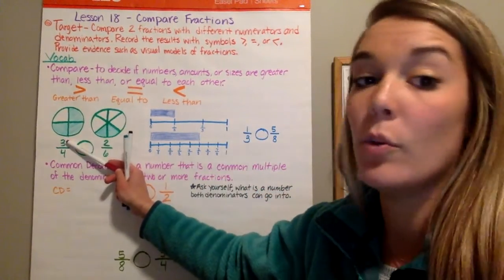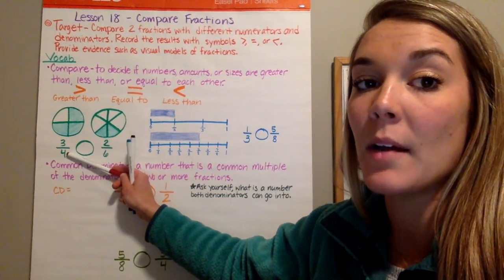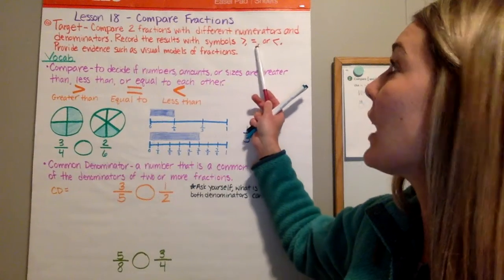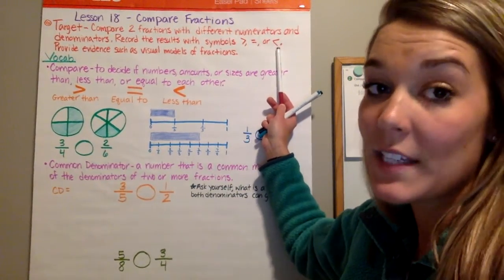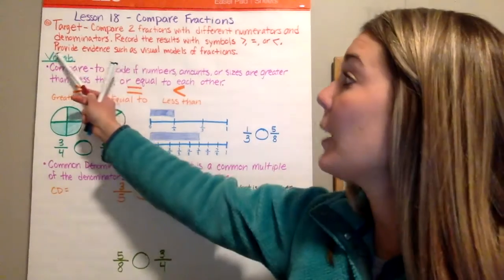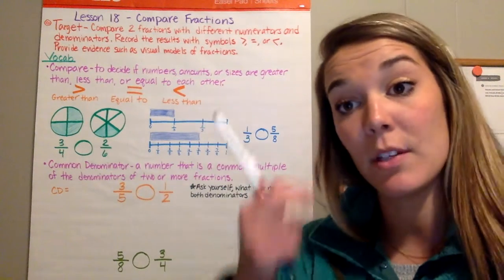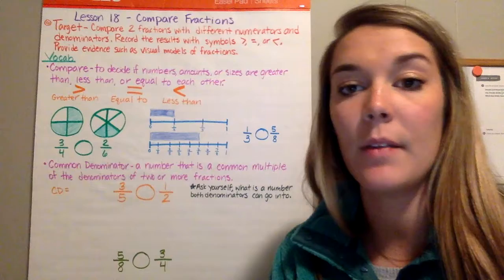So remember, numerator on the top, denominator on the bottom. Record the results with symbols like greater than, equal to, or less than. And provide evidence such as visual models of fractions. So we're going to be drawing some fractions, okay?